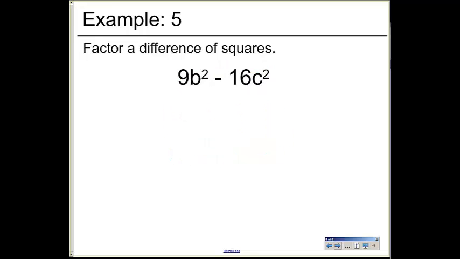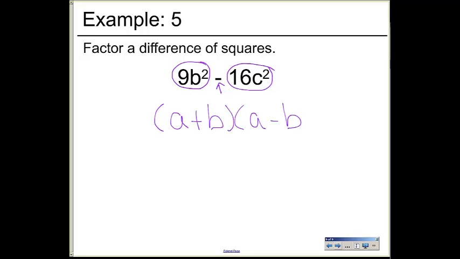Example 5, factor a difference of squares. We just want to make sure that we actually have perfect squares. This first one here, 9b squared, is a perfect square. So is this one. And I have a minus in the middle. So difference of squares always factors out into the pattern of a plus b times a minus b. So to find the a value, I simply have to take the square root of the first term.